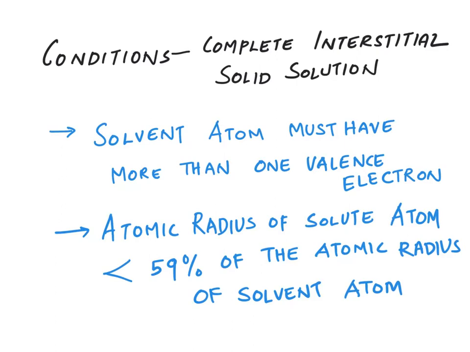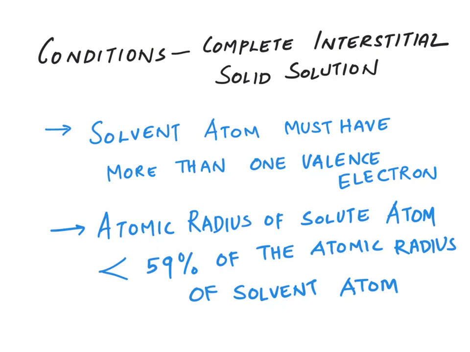So if you want your solute atom to occupy an interstitial position, then there should be a considerable difference in the size. So this is all about interstitial solid solution.